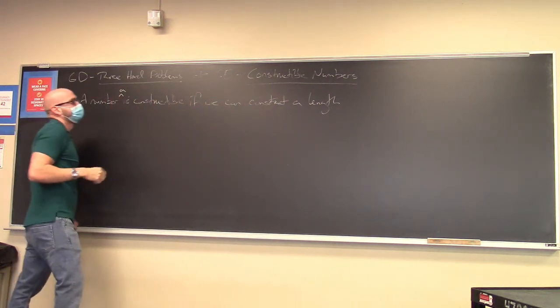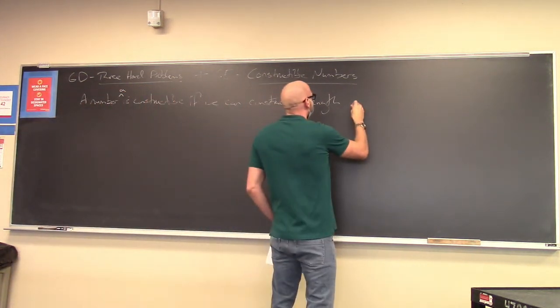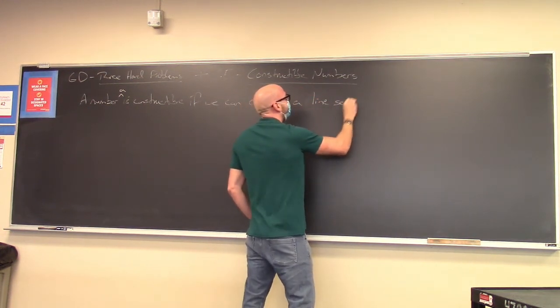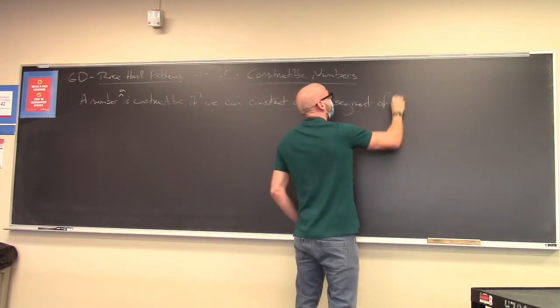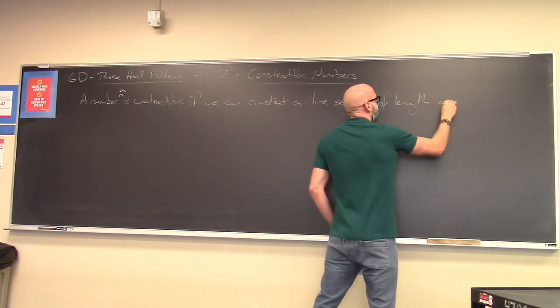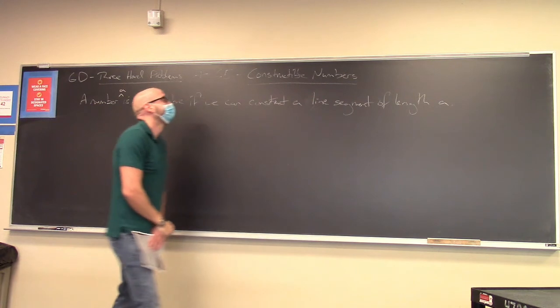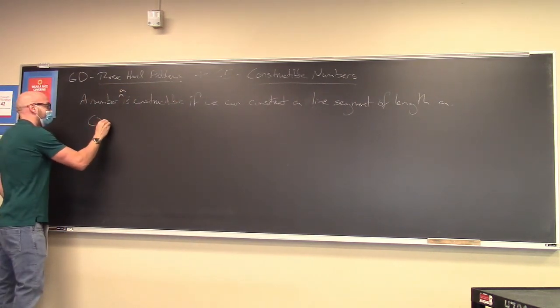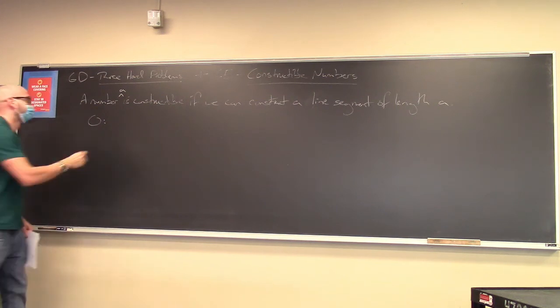A number little a is constructible if we can construct a length or a line segment of length a. So 0, yeah, 0 is constructible, just construct a point.